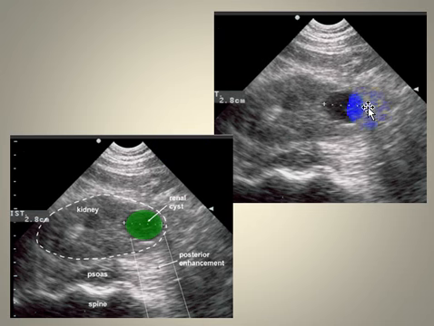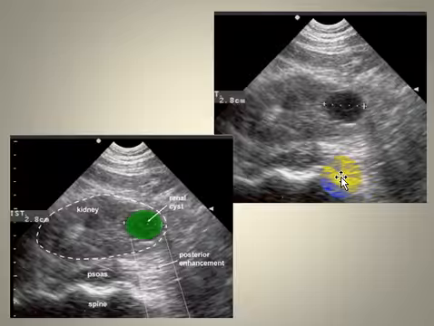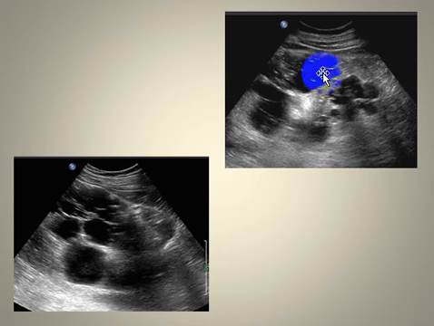Here you see a hypoechoic mass lesion in the lower pole of the kidney, and you see this is acoustic enhancement indicating that the mass is a cyst. This is another patient with multiple renal cysts, a patient with cystic renal disease, autosomal dominant polycystic disease.